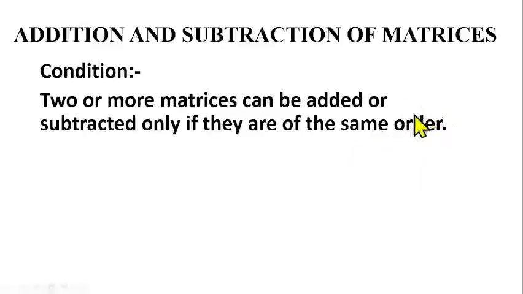We have talked about order of a matrix before. So if I want to add 2 matrices together, they must be of the same order. That means I can add 2 by 2 to 2 by 2, 3 by 3 to 3 by 3, 4 by 4 to 4 by 4, and so on. They must be of the same order before we can add or subtract them from one another.